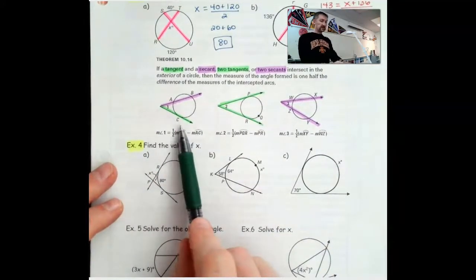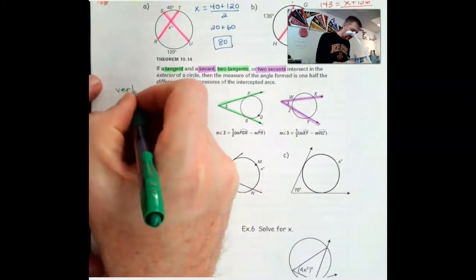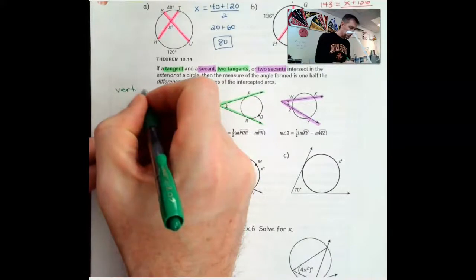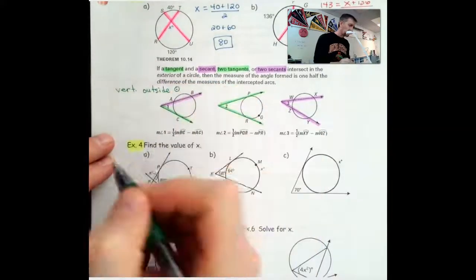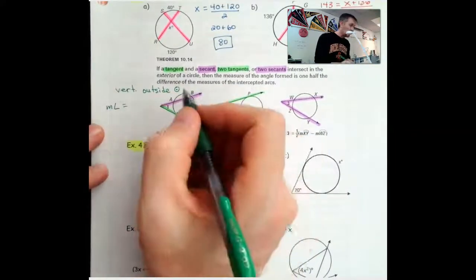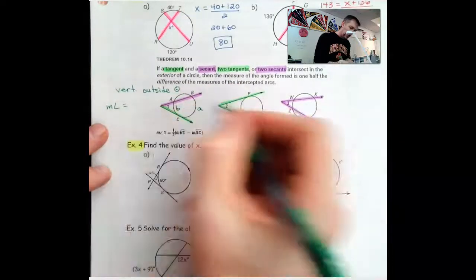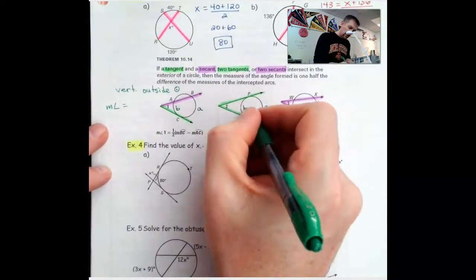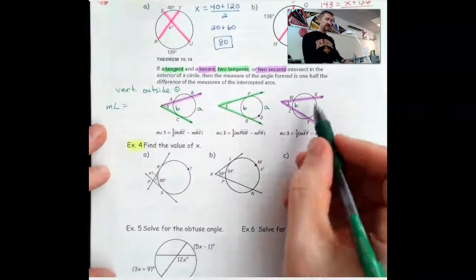Okay, so the difference here now is if the vertex is outside the circle, then the measure of the angle is equal to, let's put A and B. So notice how in all these I put A as the bigger arc.